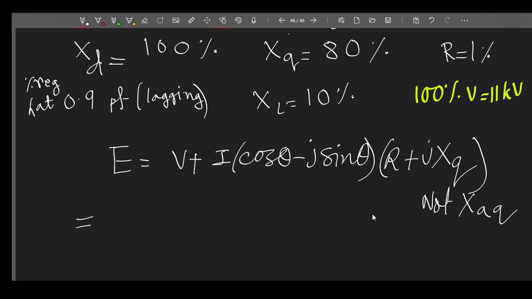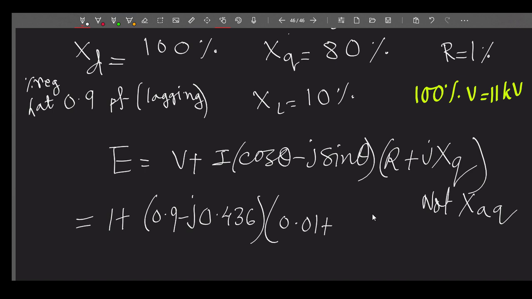Now you know all the values. If you put the values, you will be getting the answer, as it is in per unit. So I is also 1. Sorry, this one is XL, not XQ.